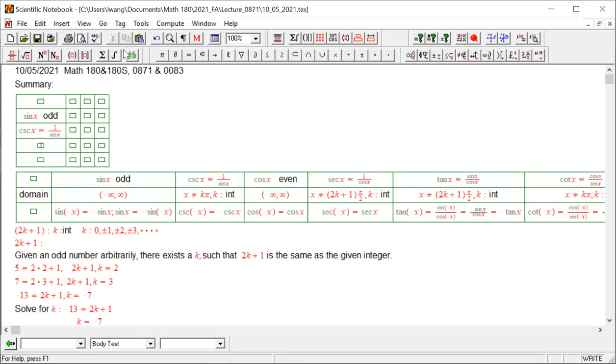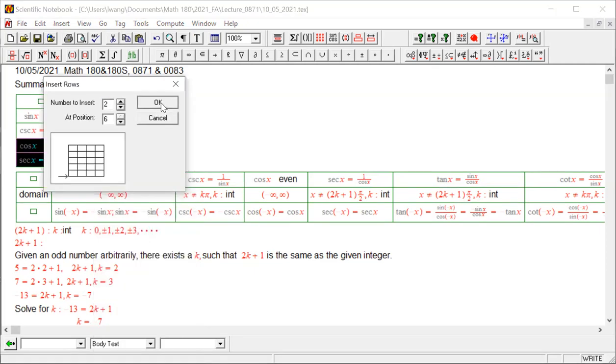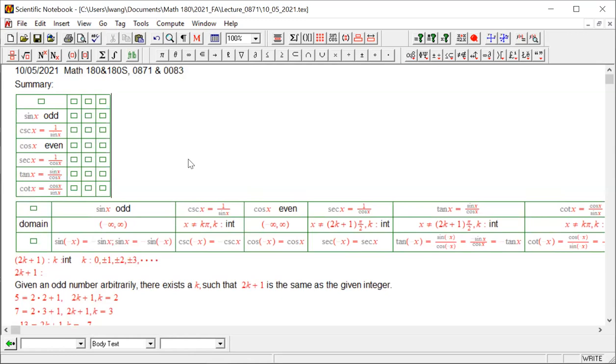So cosecant, cosine, sine, tangent, cotangent, right? I put them in pairs.